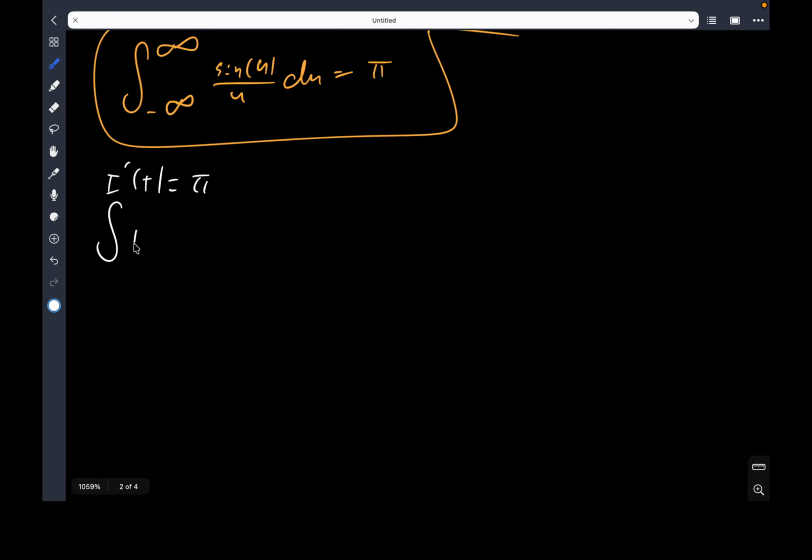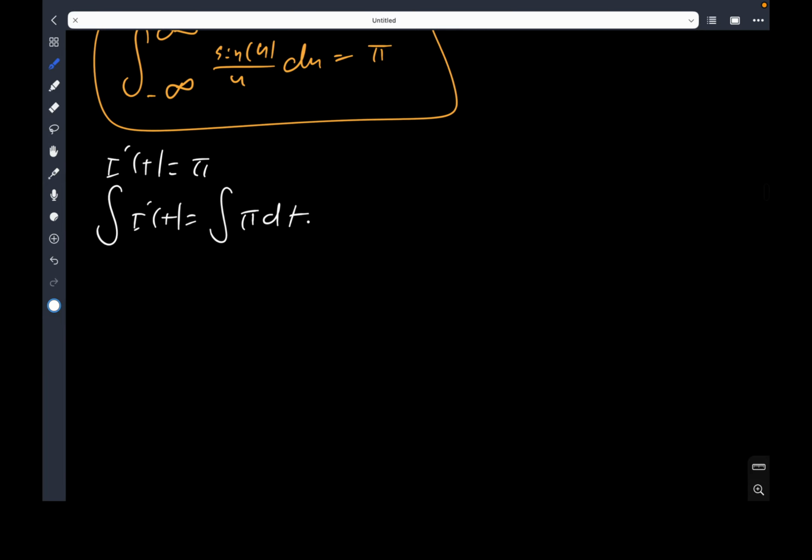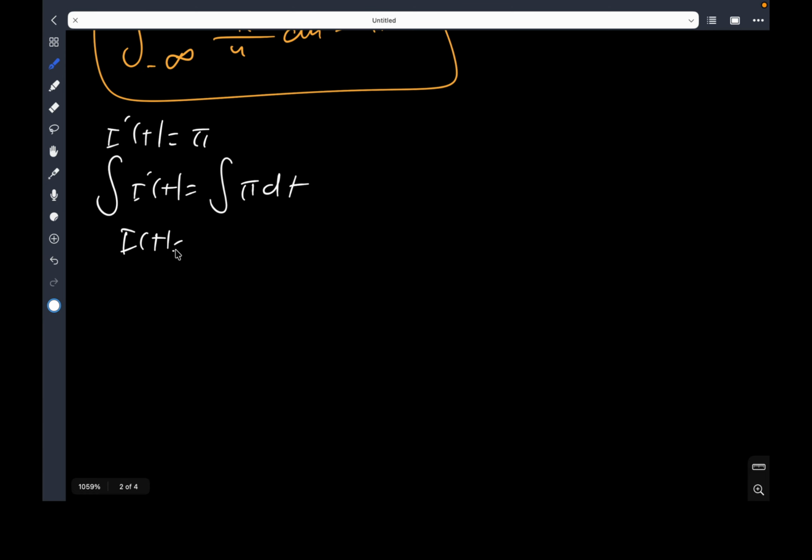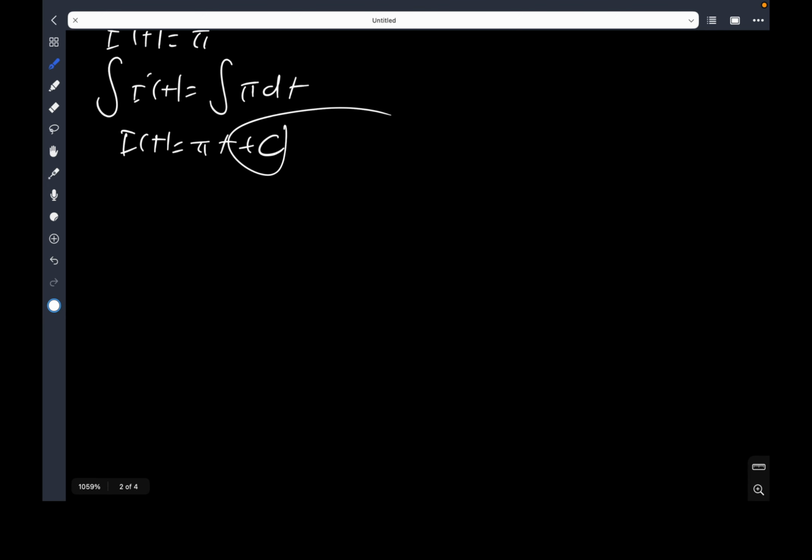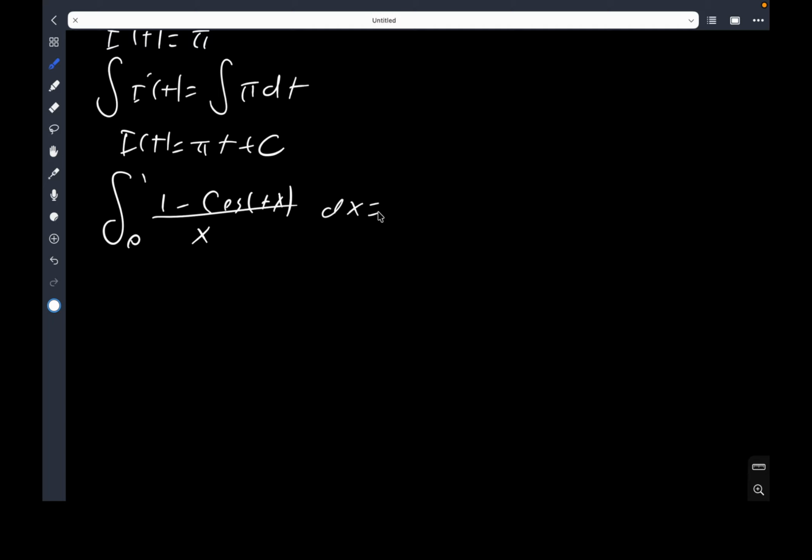And if I integrate I prime of t, which is pi dt, I'm going to get I of t equal to pi t plus c, some constant of integration. And to find this constant, I'm going to equate the integral of 1 minus cosine of tx over x squared dx to pi t plus c.